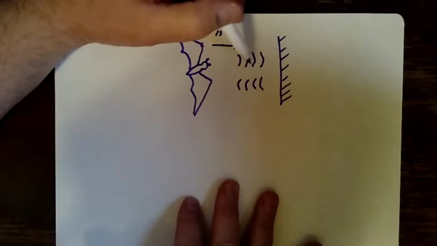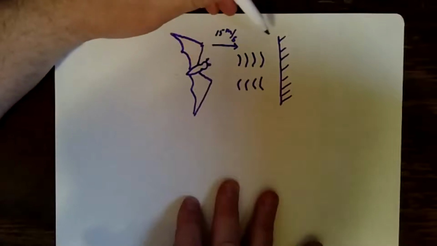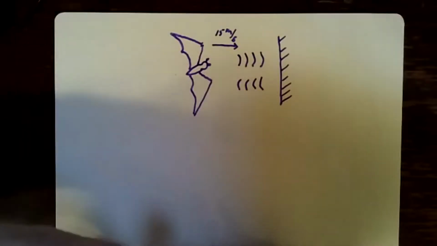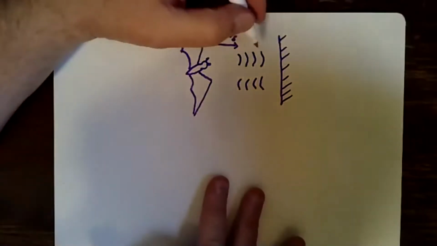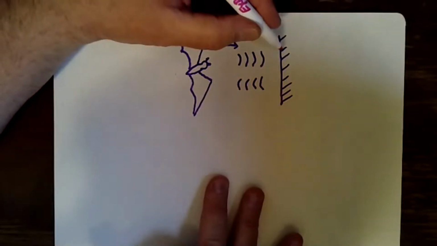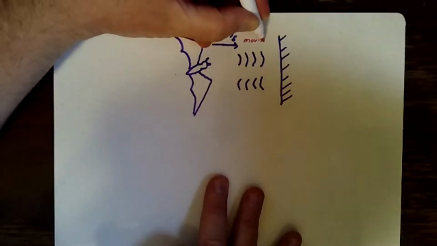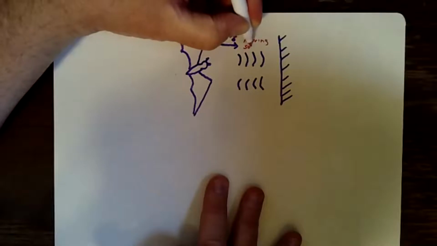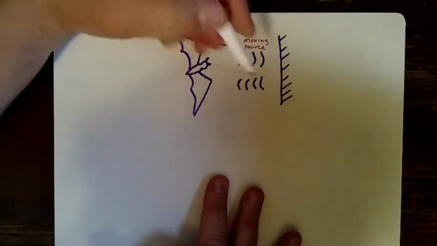And the reason I did 2 sets of sound waves is because the bat's listening for the echo. But when the sound waves leave the moving bat to hit the wall, they're coming from a moving source. But when the sound waves come back at them, they become a moving observer.